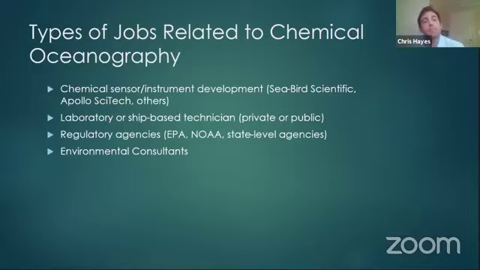So another thing you could use the chemistry skills for are the regulatory agencies. So, the EPA, NOAA does a little bit of this. Every state has their own EPA type agency regulating their waters of basically how much pollution there can be.